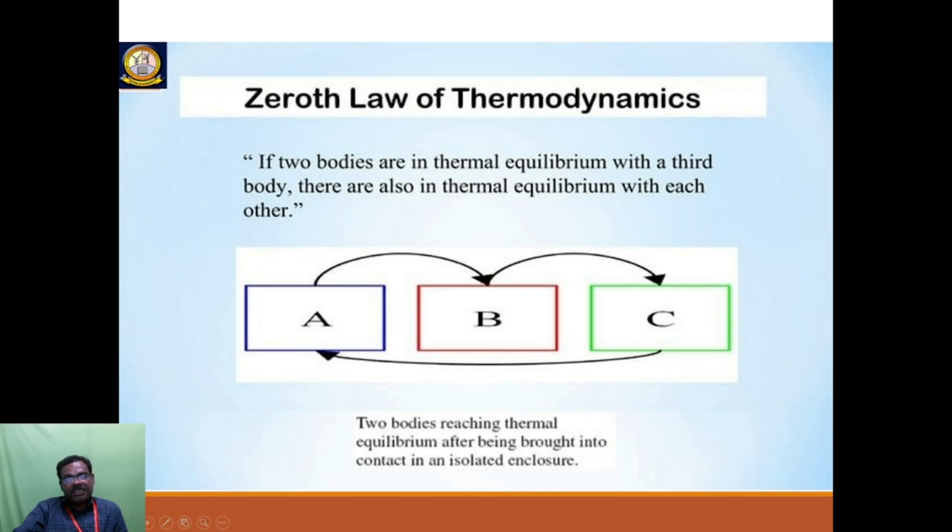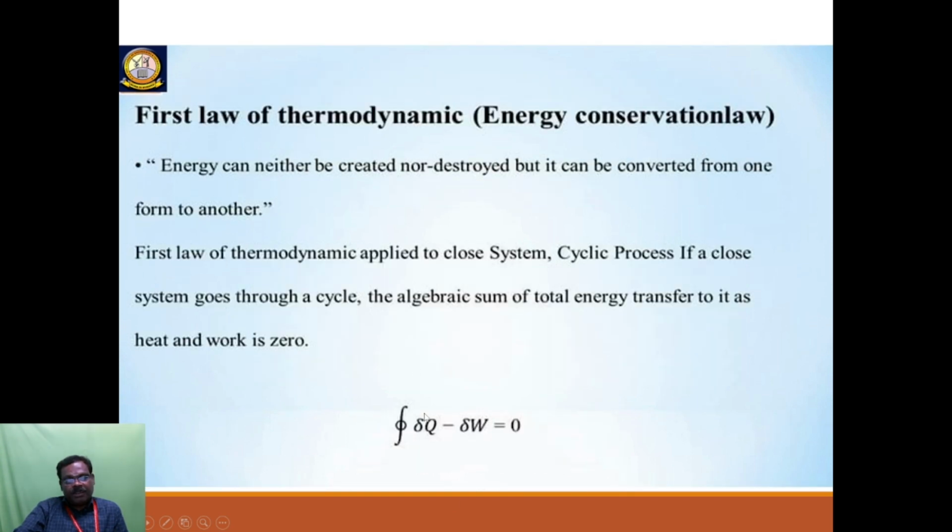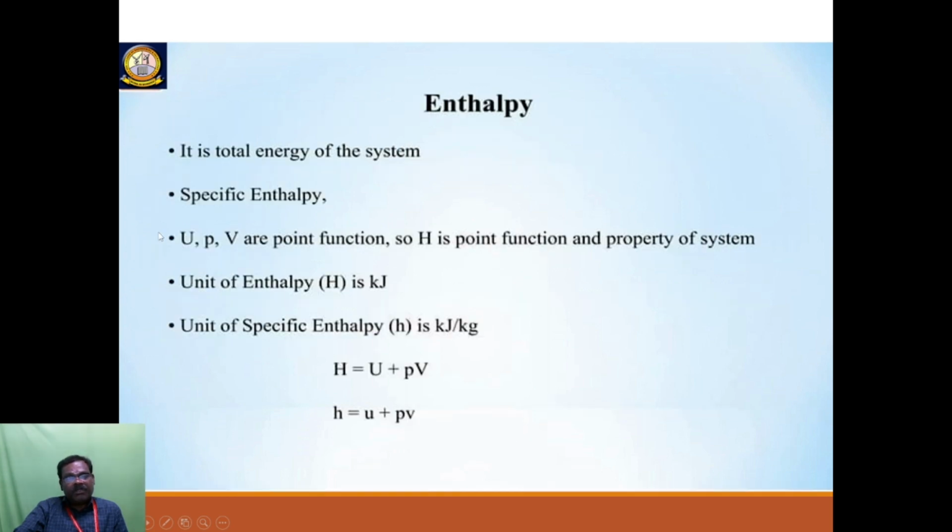In the first law, if a system undergoes a cyclic process, the net heat transfer equals the net work transfer.